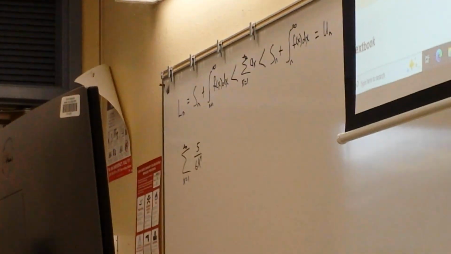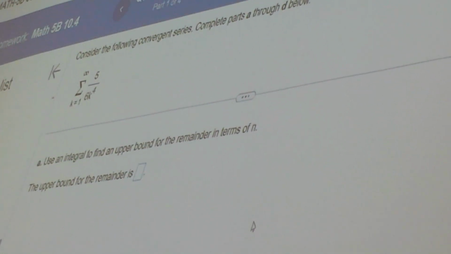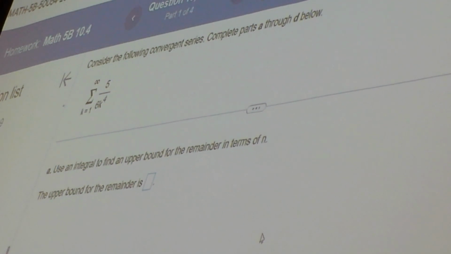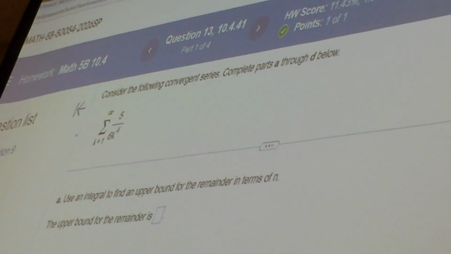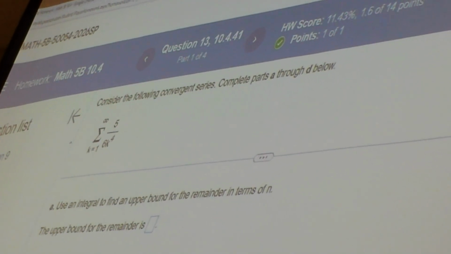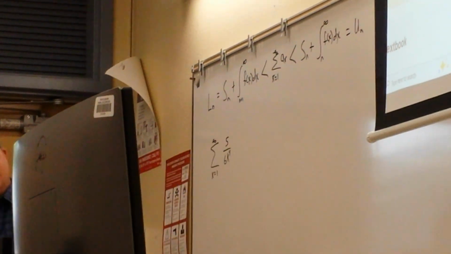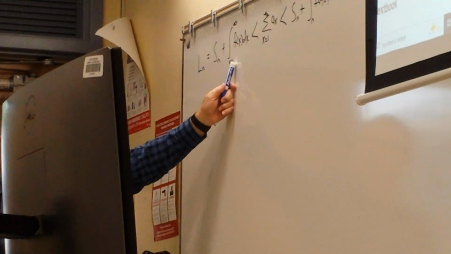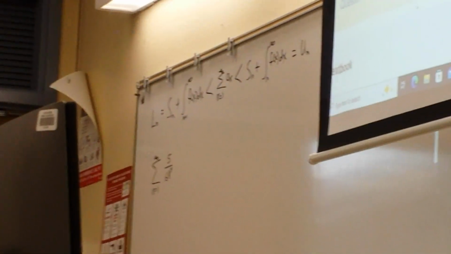So use an integral for the upper bound of the remainder. That would be this. We're on the upper bound side. S sub n approximates the sum of the series with n terms. This is the remainder. Those are the terms beyond. That's the area beyond n. Does that make sense? If it said lower bound, then we would be using this one. Okay. All right, so here we go.